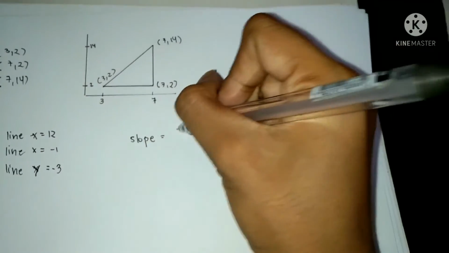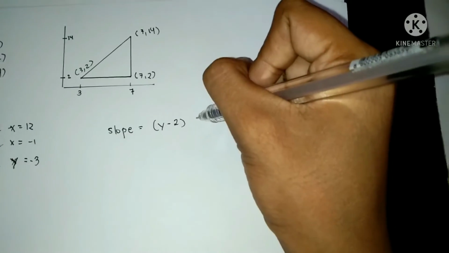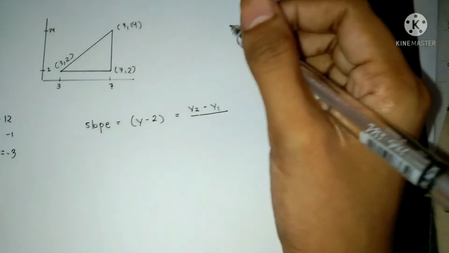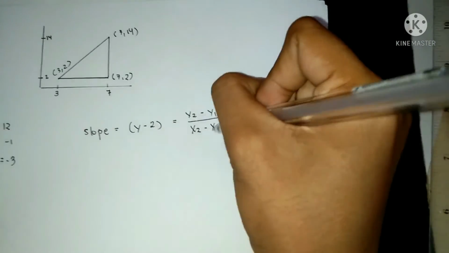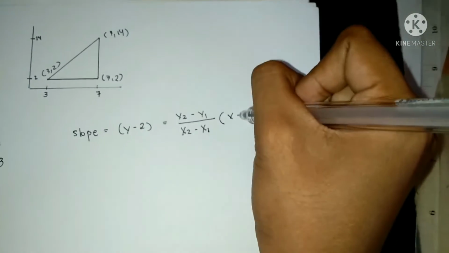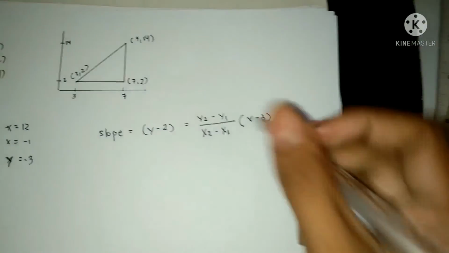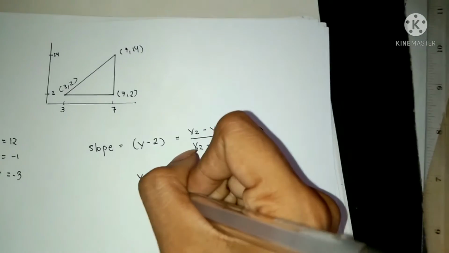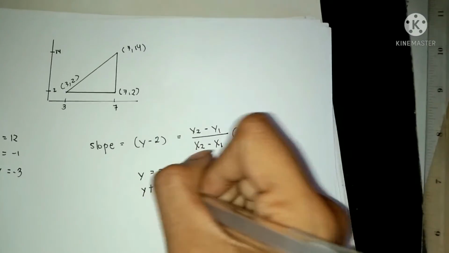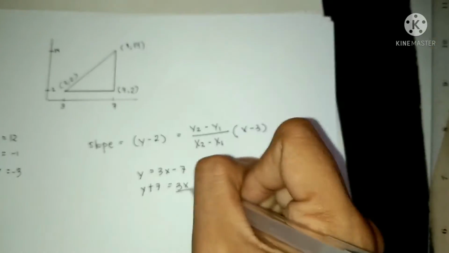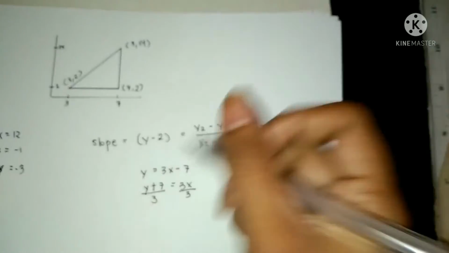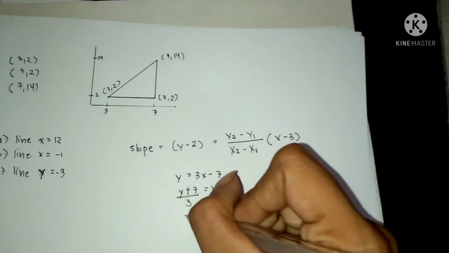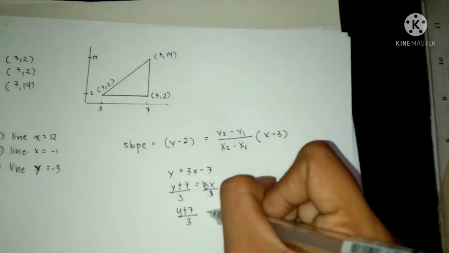It's y minus y1 over x minus x1, times x minus 3. So it is equal to y is equal to 3x minus 7. Transposing negative 7, it becomes positive 7, so y plus 7 is equal to 3x. Divide both sides by 3, so y plus 7 over 3 is equal to x.